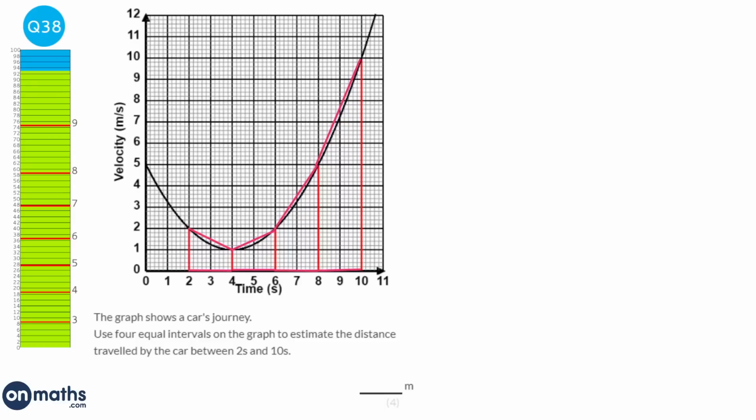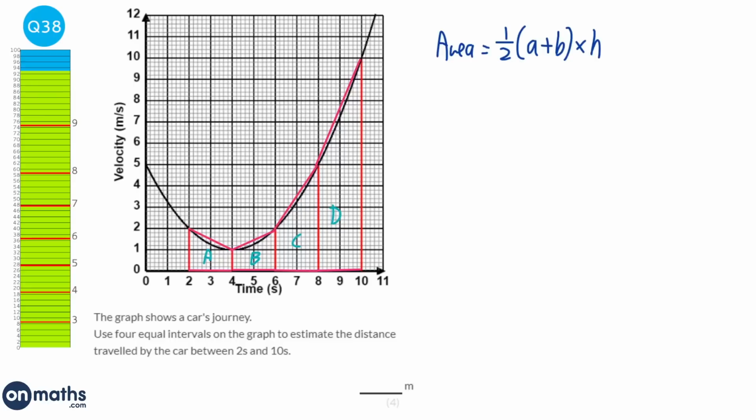Now it's often helpful to actually label them, so I'm going to label them A, B, C and D. And the formula for the area of a trapezium is half brackets A plus B close brackets times H. Now A and B are the parallel sides, and H is the perpendicular distance between them.